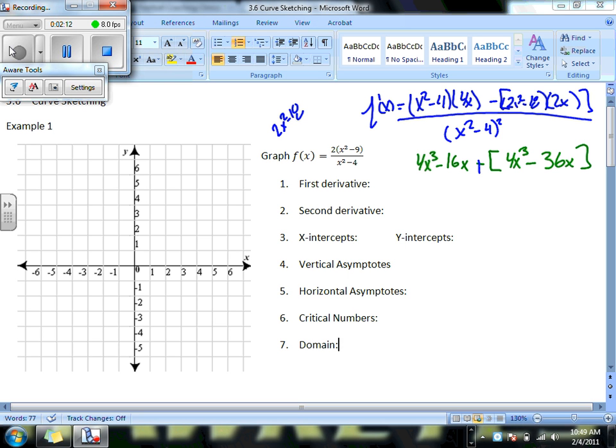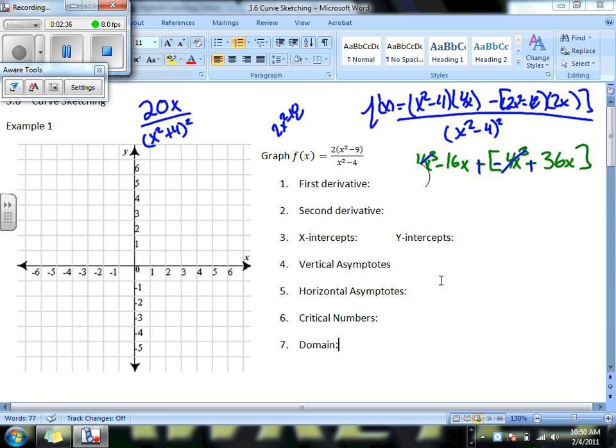These cross the line, change of sign. These cancel out. I'm going to have 36x minus 16x on my top. So for my derivative, I'm going to have 20x all over x squared minus 4 squared. So there's my derivative of our function.